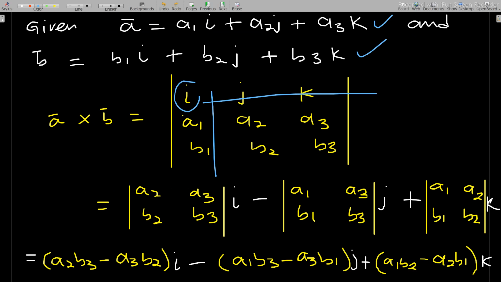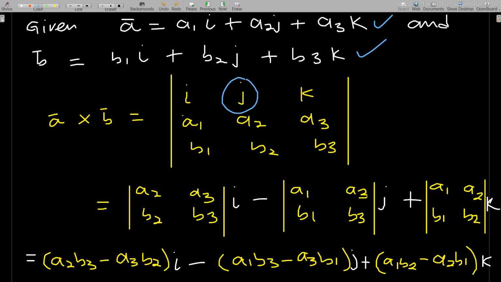You use the determinant method, crossing them out like that, and for the remaining elements in the bar you find the determinant, then multiply it by i, just like I've done here. Then for the next term, you subtract.